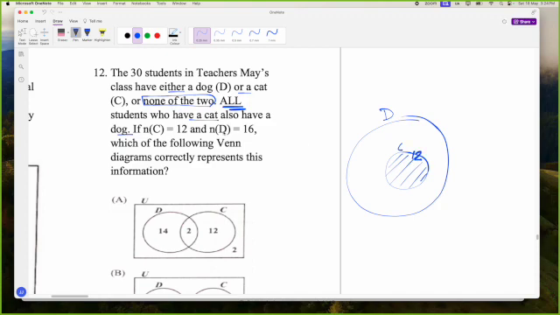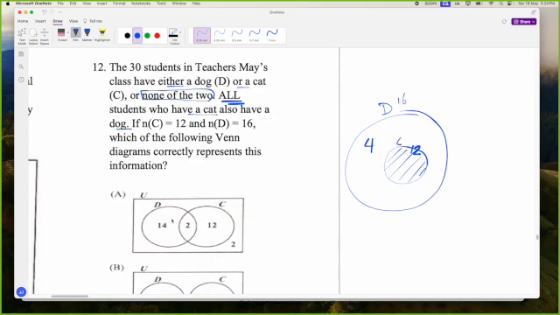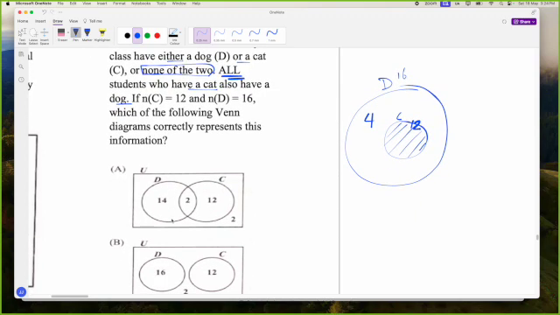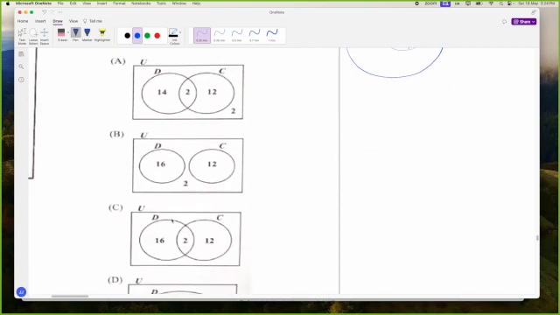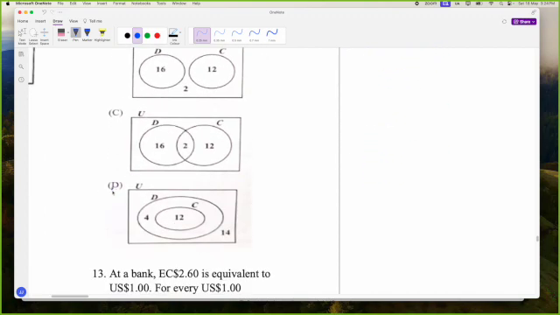The number of dogs is 16, which means it'll have 4 that have dogs only, so that you'll get the 16 here. So 12 have cats, 16 have dogs, in which 12 have cats and dogs, right? And this Venn diagram over here is the only one that has the cats inside of the dogs. D.